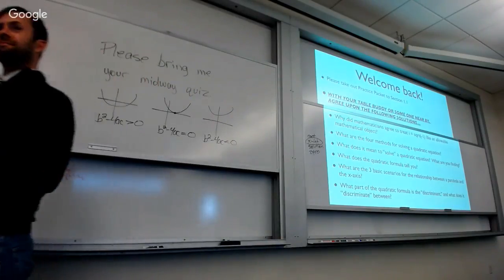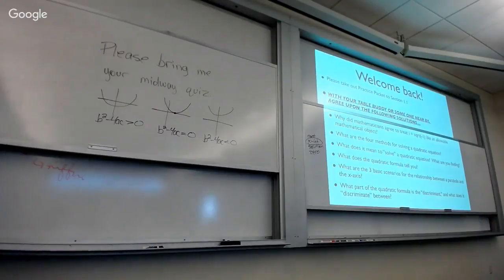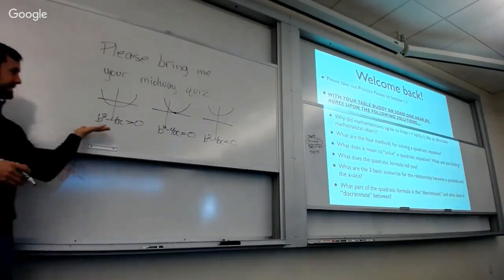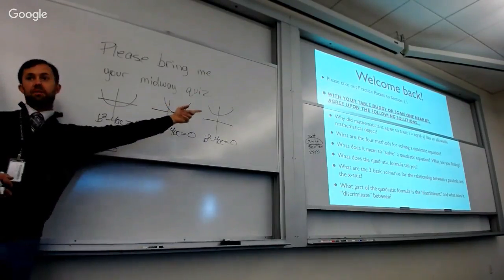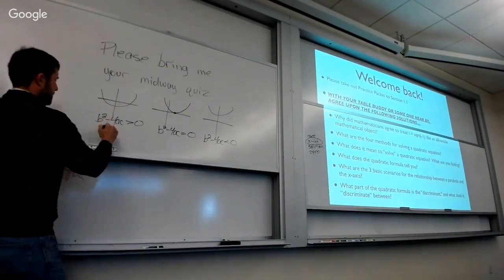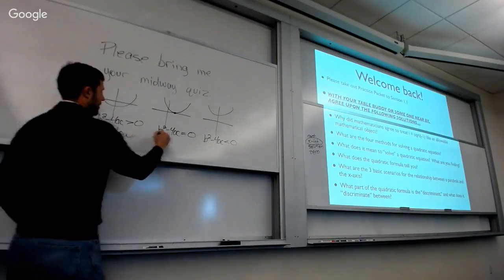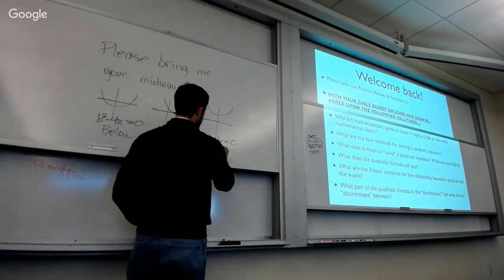How about Allison? B squared minus 4ac, whether it's negative, 0, or positive, what is it telling you? Yeah, exactly. Whether it's below, on, or above. And those are great words for it. So below, or on, or above. That's what it's telling us.